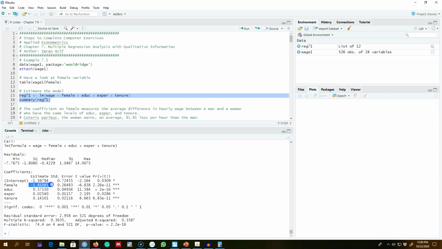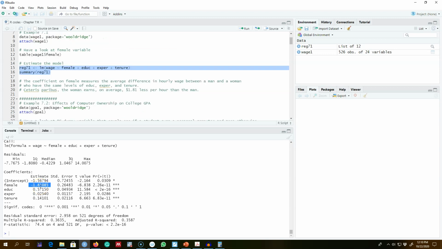So this coefficient value on female, remember, it is delta 0 from our previous discussion. This delta 0 measures the impact of being a female on the wages. So this coefficient shows the average difference in hourly wages between a man and a woman.